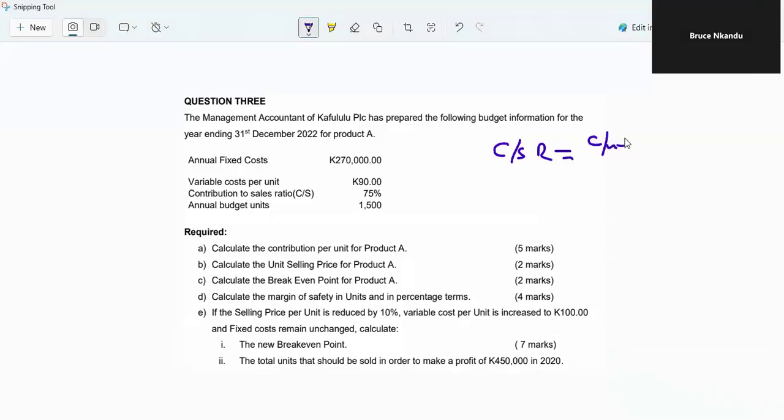Contribution per unit over selling price per unit. So what is our contribution ratio? 75%. Okay, what else are we given? Our contribution we don't know, and our selling price per unit we also don't know.